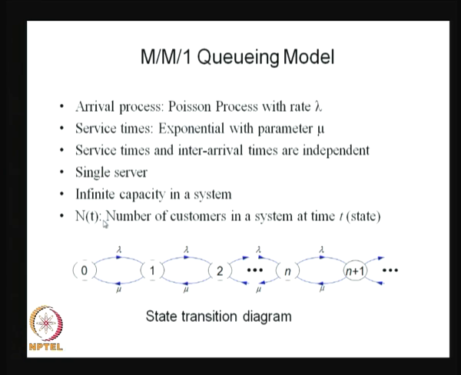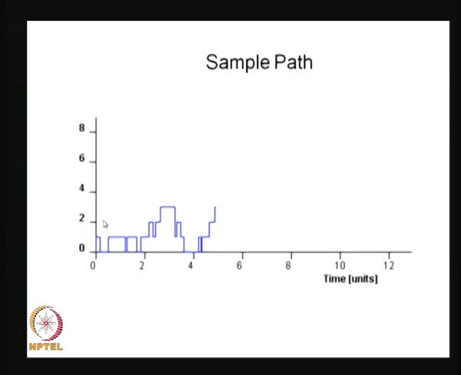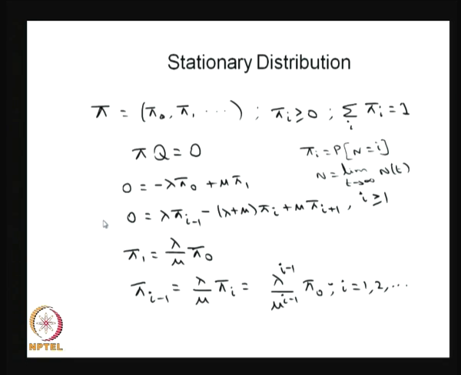Therefore, now we are going to discuss the stationary distribution, time dependent probabilities and so on. So, how to find the stationary distribution? Solve pi Q equal to 0, where pi is the vector consisting of pi i's, where pi i is nothing but the probability that there are i customers in the system in the long run.